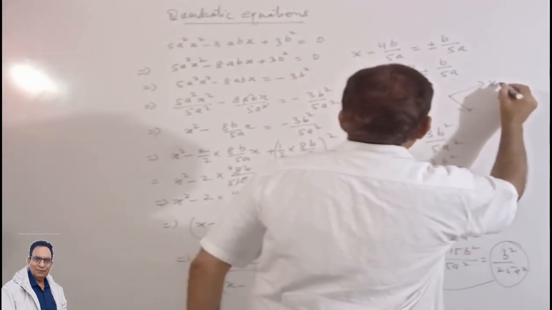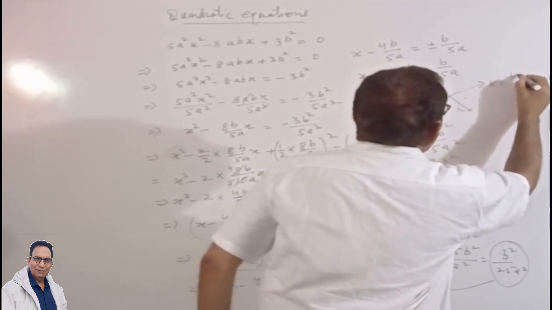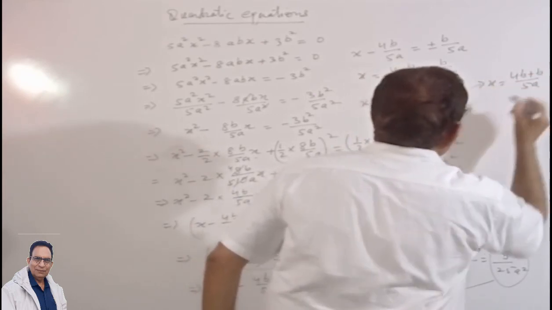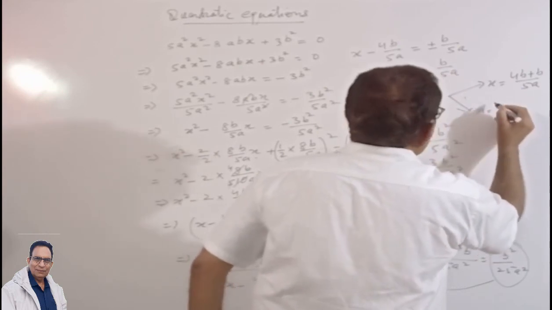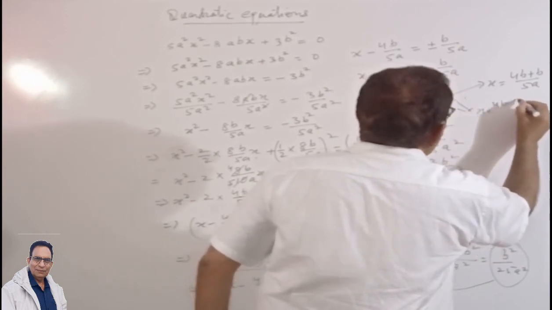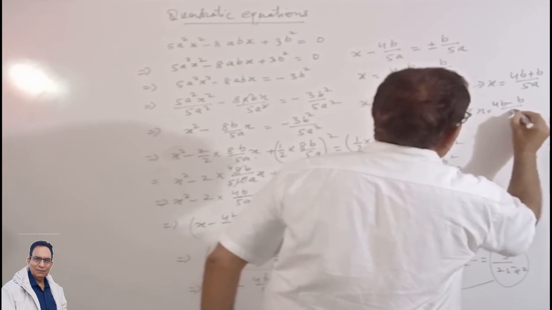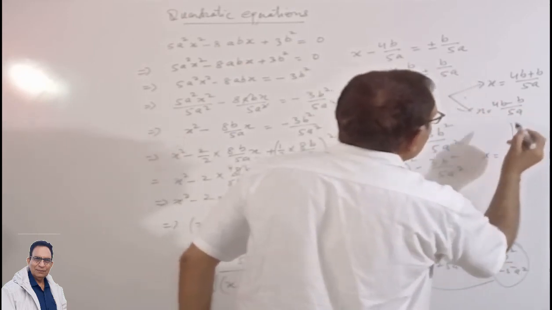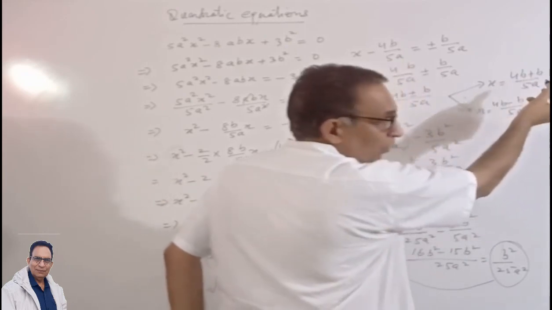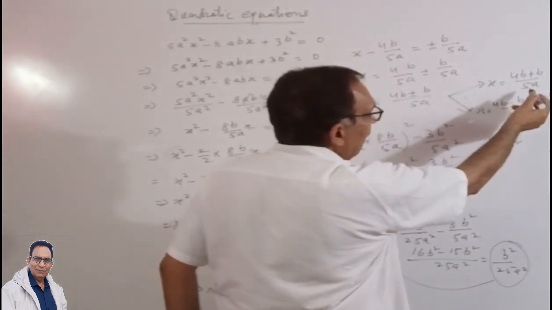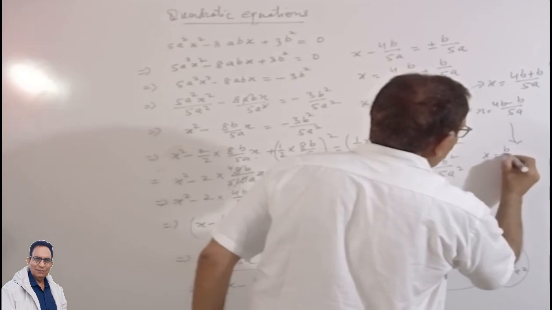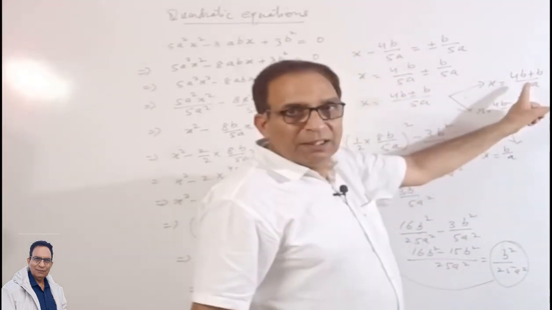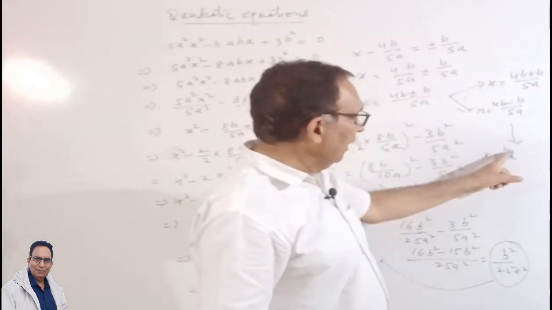So x is coming equal to 4b plus b over 5a, and other will be 4b minus b over 5a. From here, x is coming, this is 5b altogether, 5b over 5a is equal to b over a. Is it not? 5 cancel, you are getting b over a.